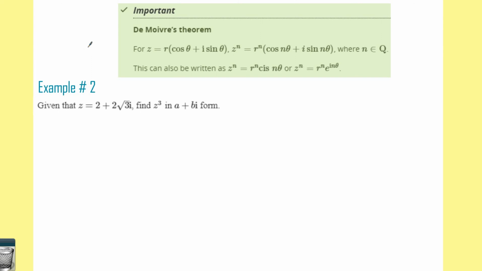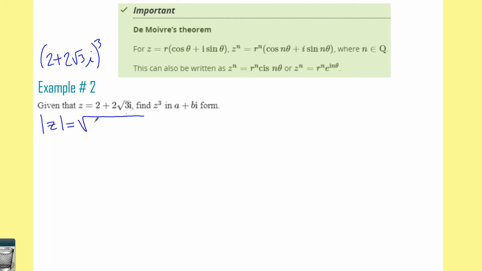Instead of doing what we did last time, doing 2 plus 2 square roots of 3i and then cubing it, we want to try De Moivre's theorem. What we do is convert it to polar form first. So first we need to find the modulus.